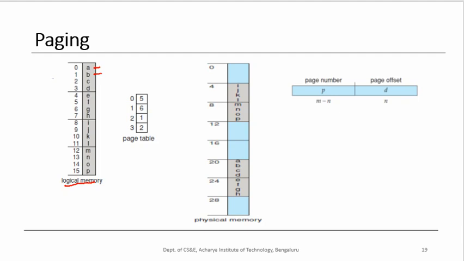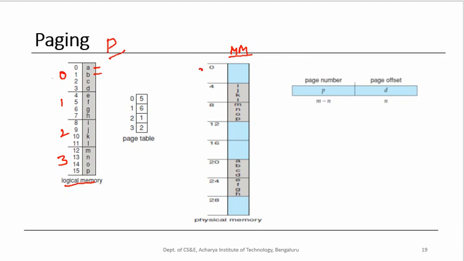The logical memory is divided into 4 pages. Let's say page 0, page 1, page 2, and page 3. These pages are actually located in main memory in this way. Page 0 of the process, let's say this is process P, is put in frame.